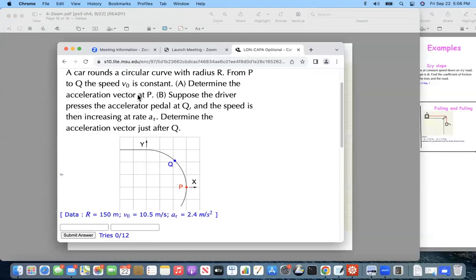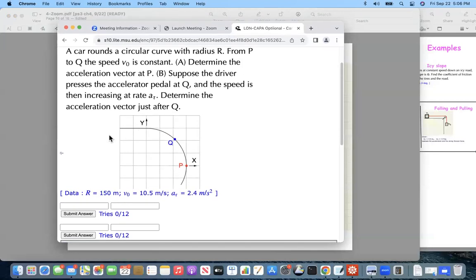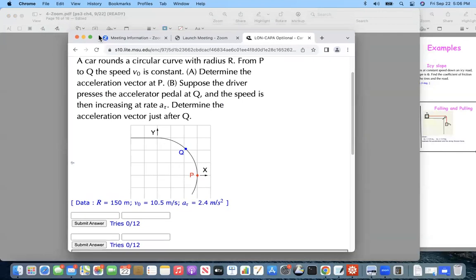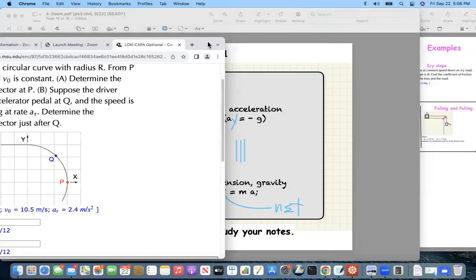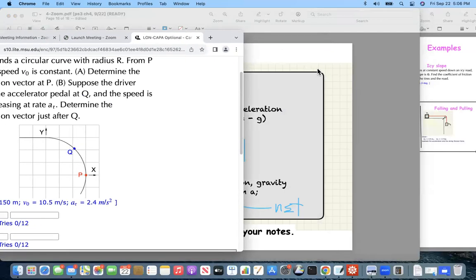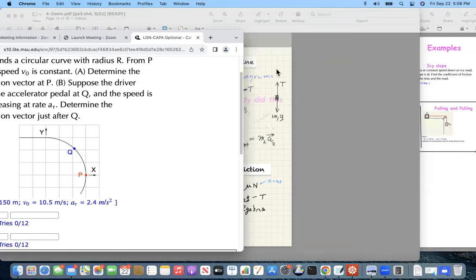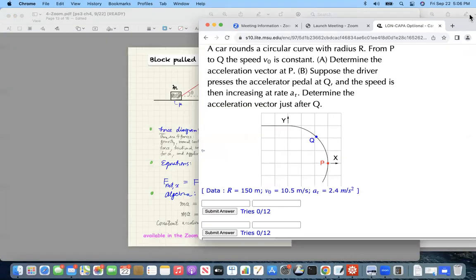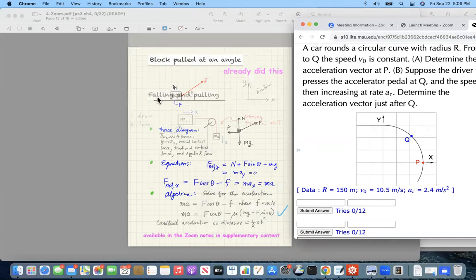So step one in every physics problem is to draw a picture. Now here we already have a picture, but it's not a very complete picture. You'd like a better picture. What else would you want to put on this picture? Let's see if I can find a space to draw.